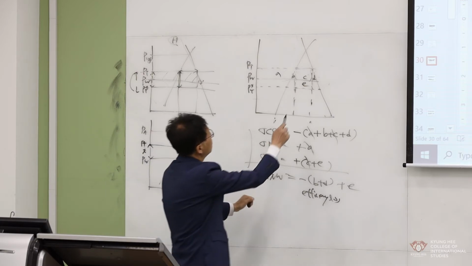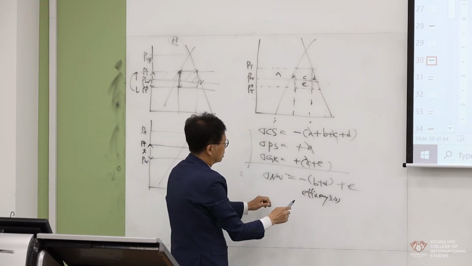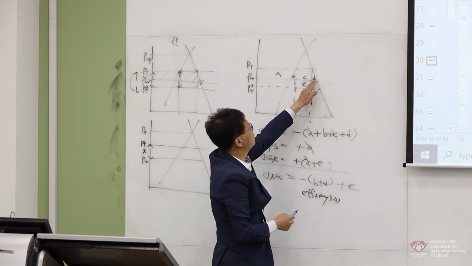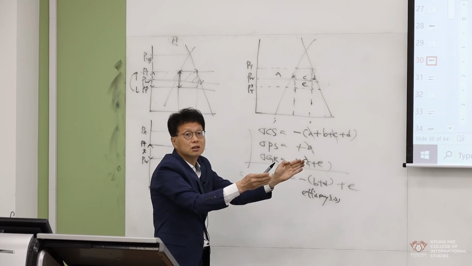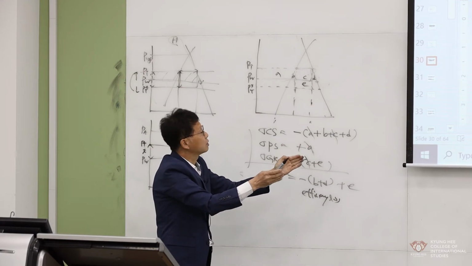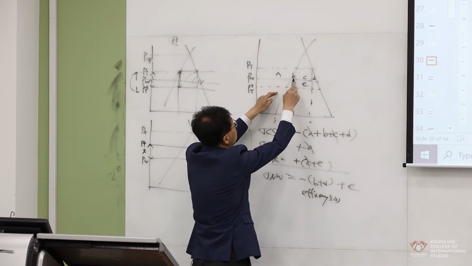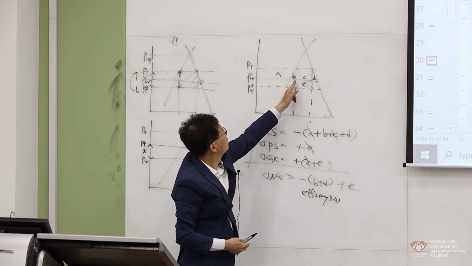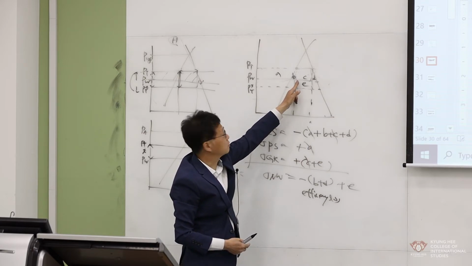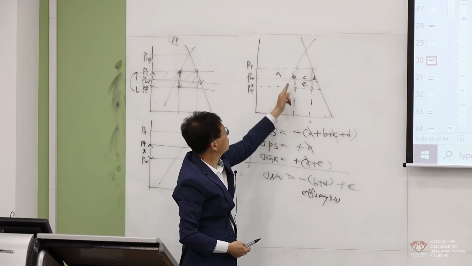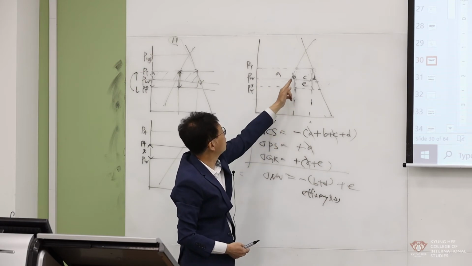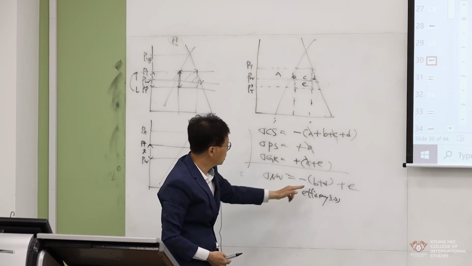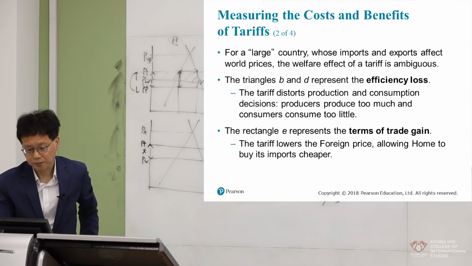And area D: consumer surplus decreases by area D, which means consumption decrease. Consumers consume too little. And area B means inefficient production, producing too much compared to the free trade case. When the price is up, inefficient production increases because of the imposition of tariff. So we said B plus D is efficiency loss.